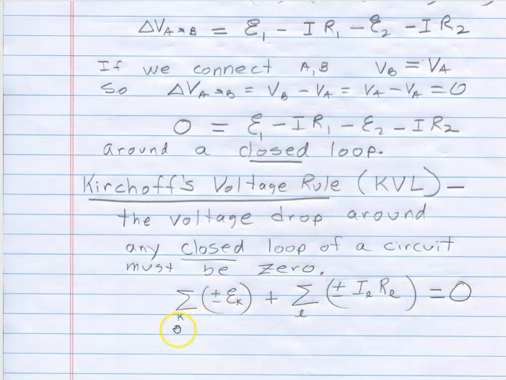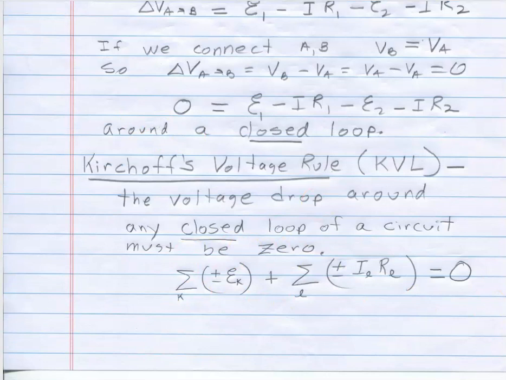I usually write it like this, so a sum over plus or minus all of the EMFs, and a sum over all the resistors, the current through the resistor times the resistance, and then I choose these plus or minus signs by assigning the polarity, the voltage, high potential and low potential side, and then that algebraic sum has to sum up to be 0. So that's Kirchhoff's voltage law from a very fundamental perspective.